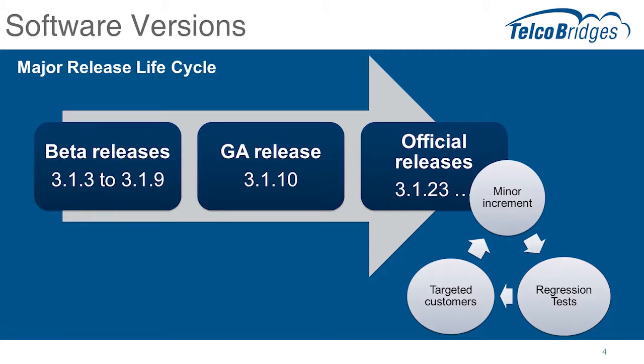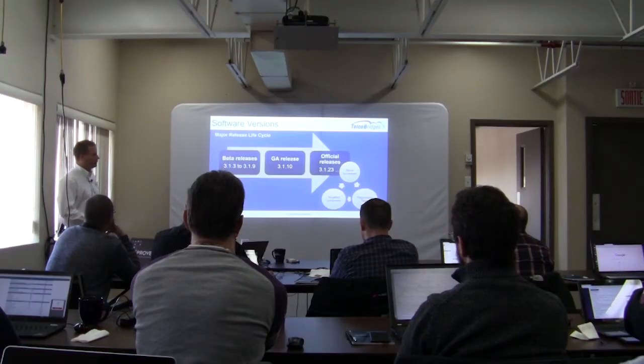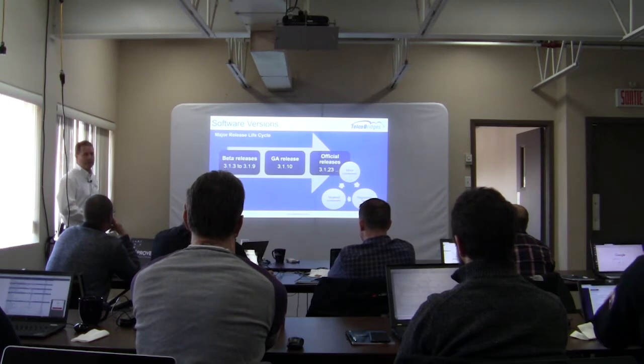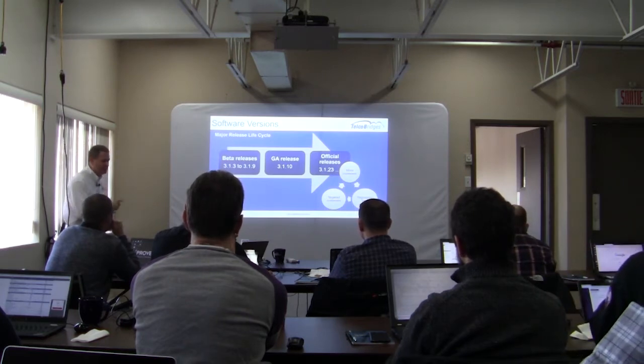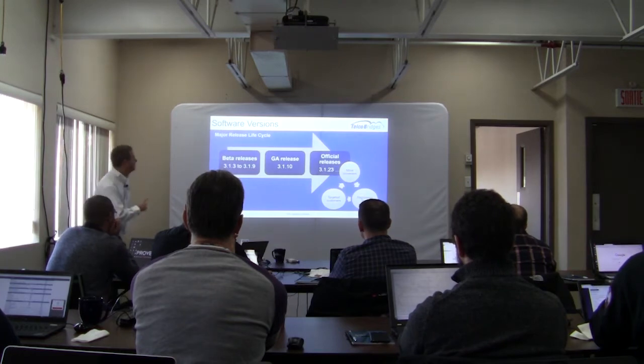So we have some beta releases for a new major version. For example, this time from 3.1.3 to 3.1.9, we had beta releases. We had some customers who tried those versions, and then 3.1.0 is the one that we made available to everybody, which added features which are defined in the version history, I will show you after, okay?